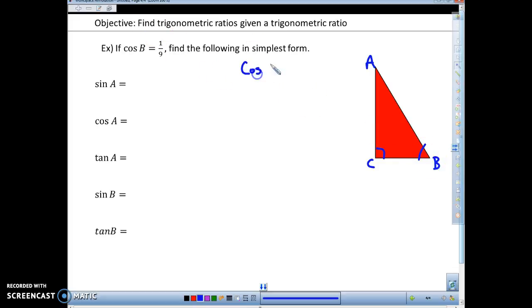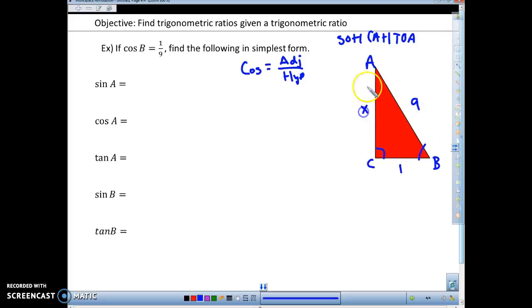Remember, cosine is equal to adjacent over hypotenuse, SOHCAHTOA. So adjacent would be this side, so this is 1, and the hypotenuse is 9.